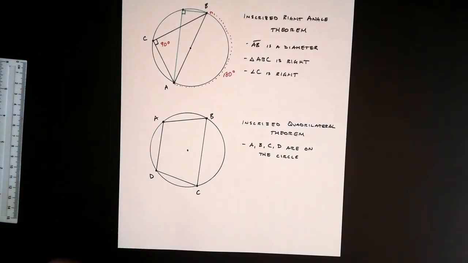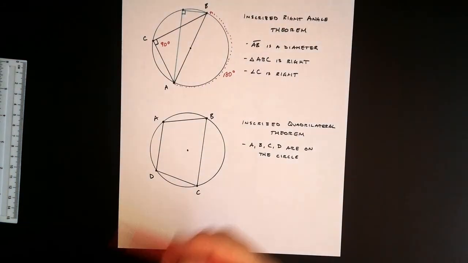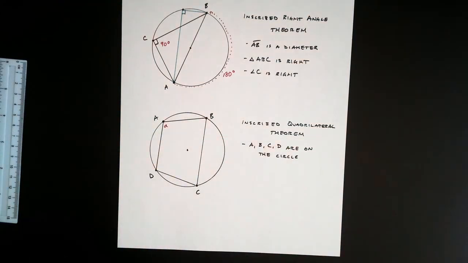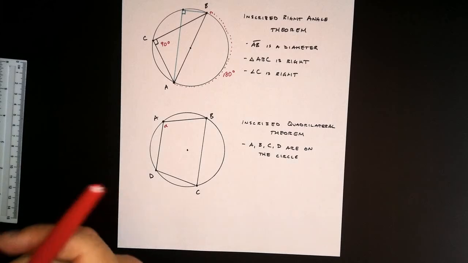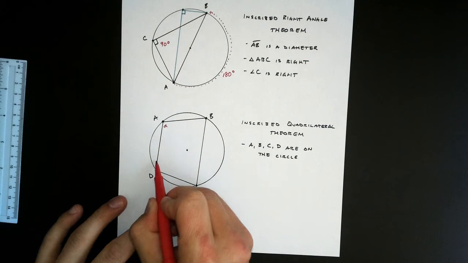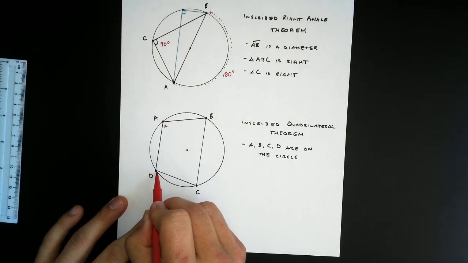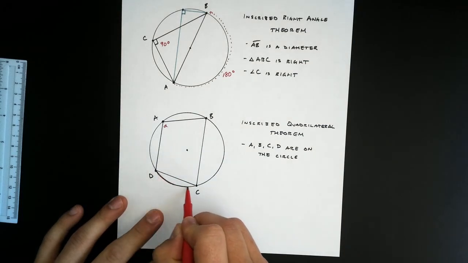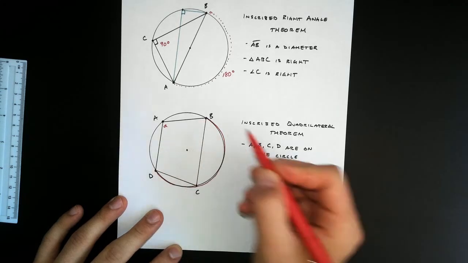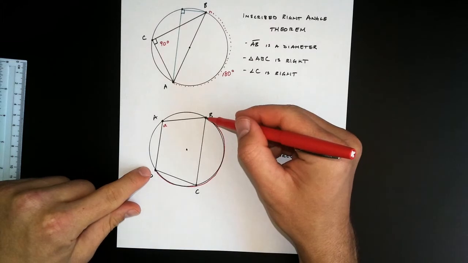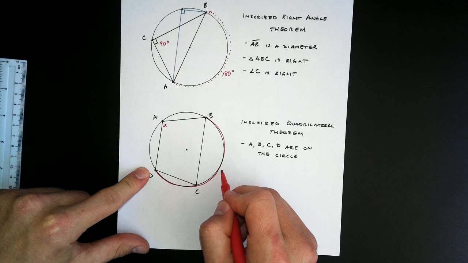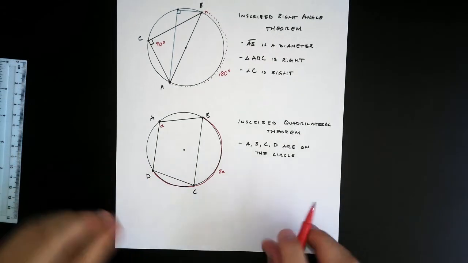So we have angle A, however big that is. Angle A, if I look at that inscribed angle, that matches up with this arc, all the way from B to D. Okay, so all the way around there. So that arc has a measure of 2A.